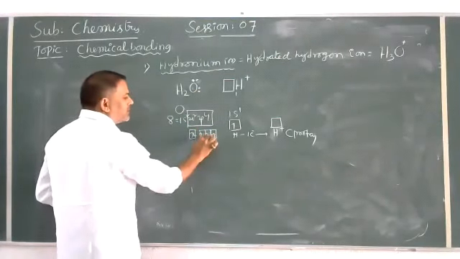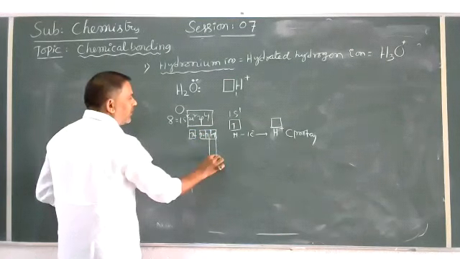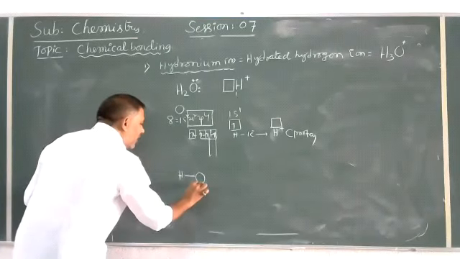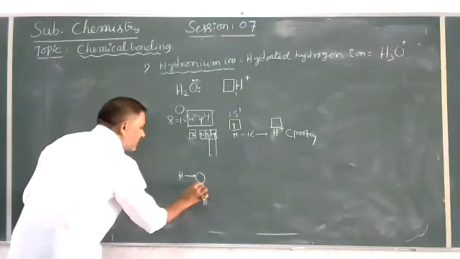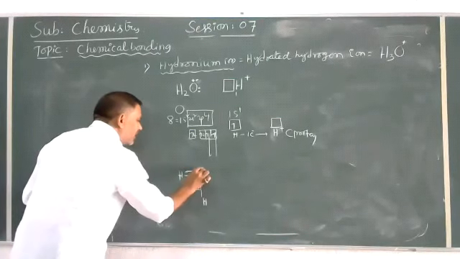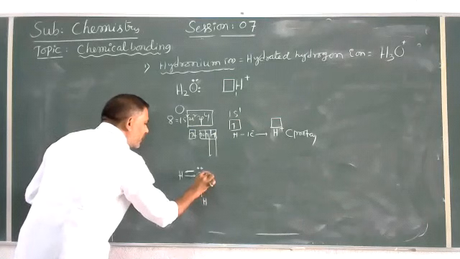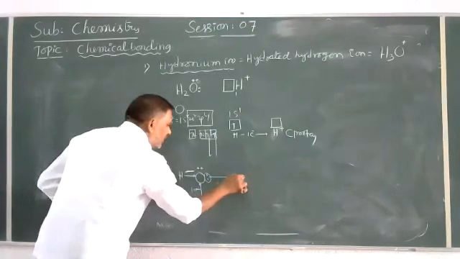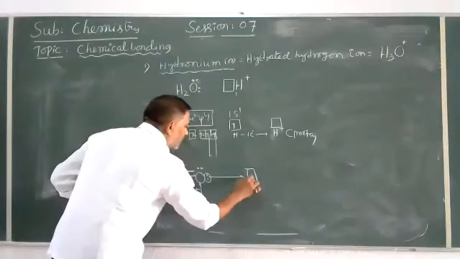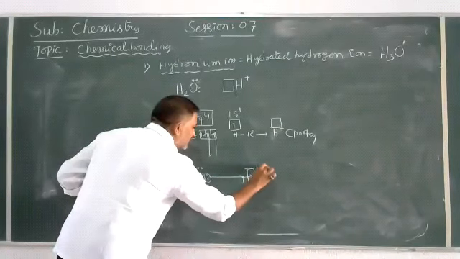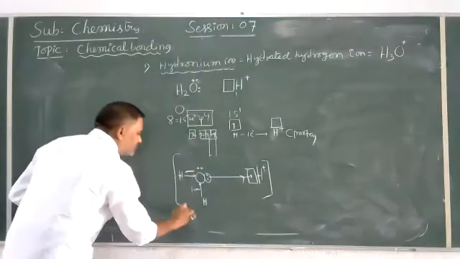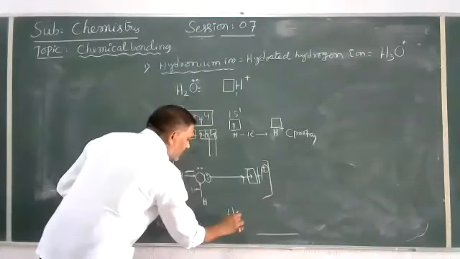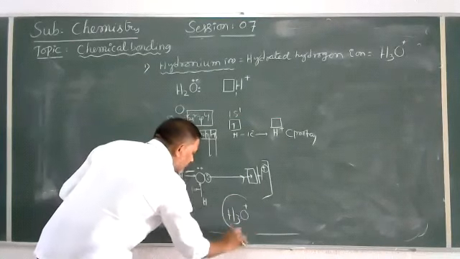Two hydrogen atoms are bonded with one oxygen atom, forming 2 sigma bonds, and it contains 2 lone pairs. Any one of these lone pairs, at a time, donates only one electron pair to the hydrogen ion, the proton, forming a coordinate covalent bond. Now it becomes H3, because there are 1, 2, 3 hydrogens. That's why it is H3O+, the hydronium ion.